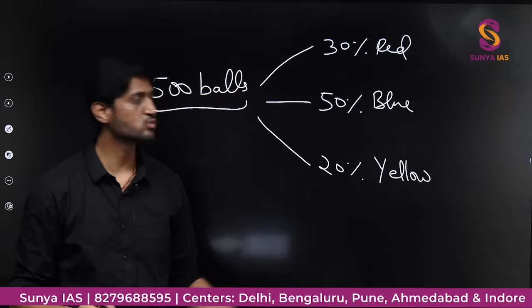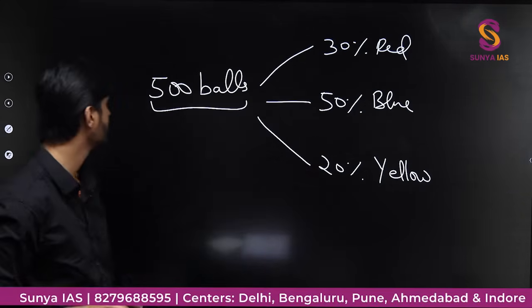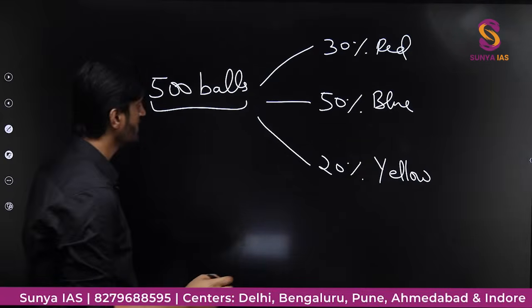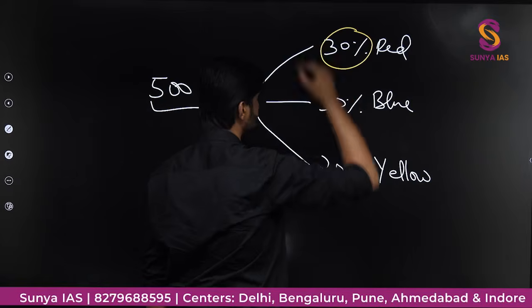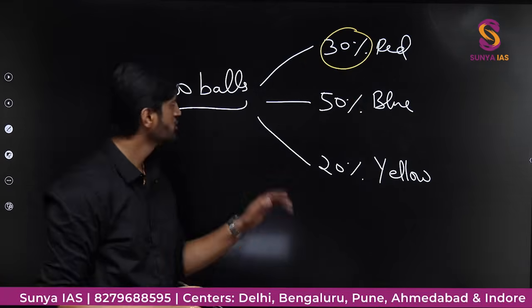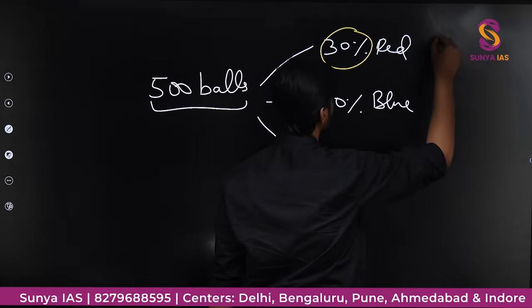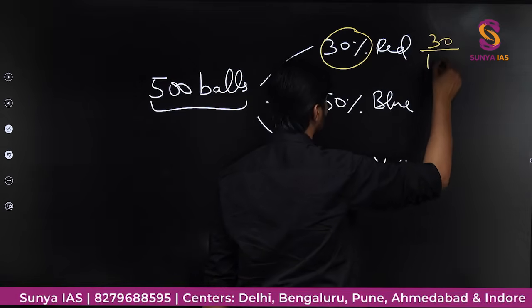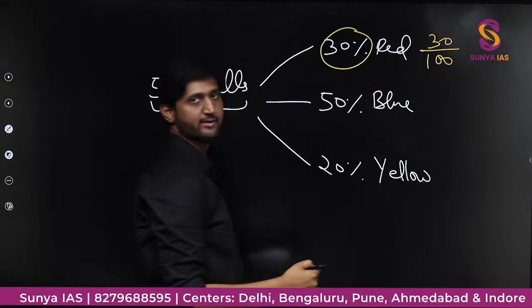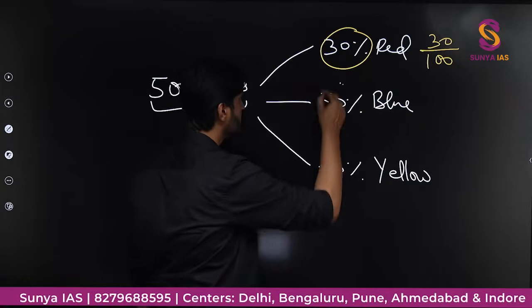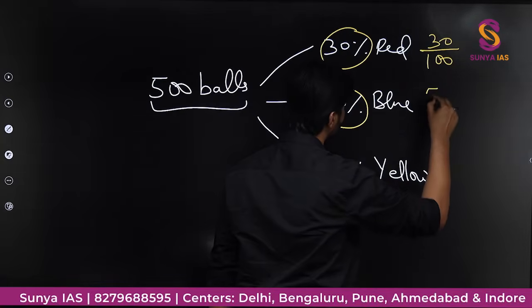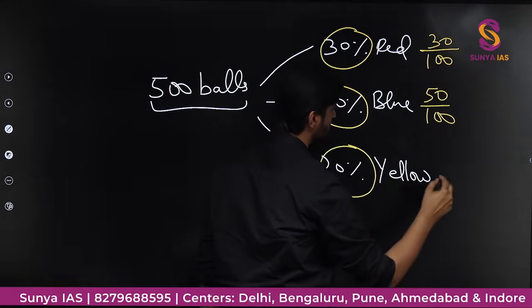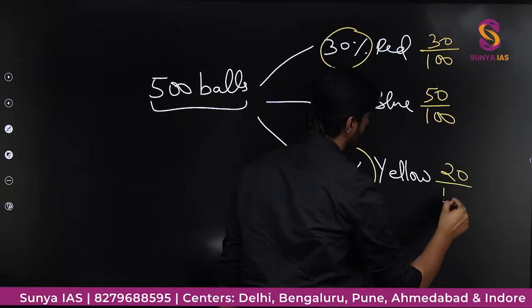In order to solve such a problem, what we have to do is simply convert this percentage into a decimal. So what is this? It is 30%. Since it is percent, I can express it in terms of upon 100. Similarly, you can convert this 50% into 50 upon 100, and this 20% you can represent as 20 upon 100.